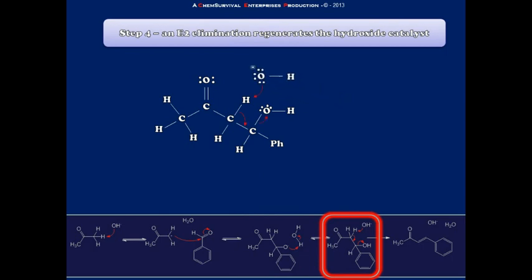Our hydroxide's moved into position, and now it's going to deprotonate the alpha carbon, causing a cascade of electron flow which leads to our enone. At the end of this, you can see that we have regenerated our hydroxide catalyst. We've also created our mole of water. So we've created our base-catalyzed condensation reaction product.